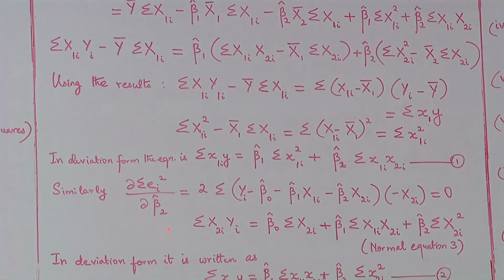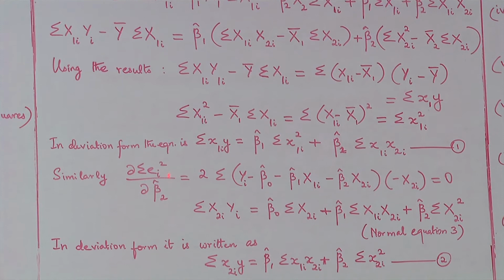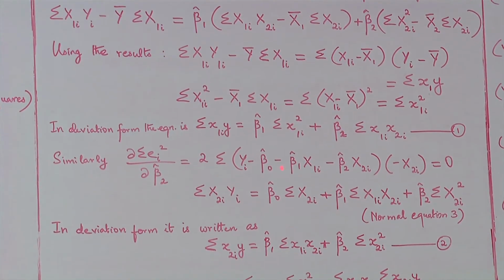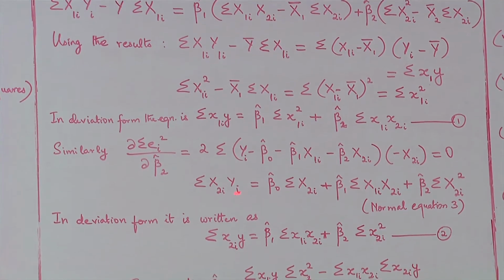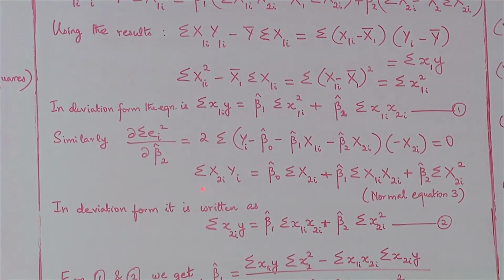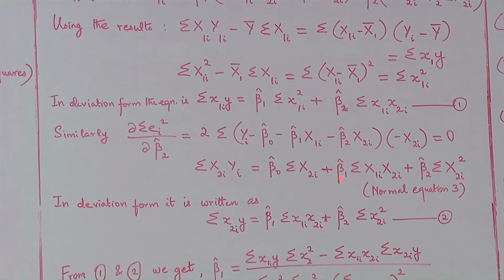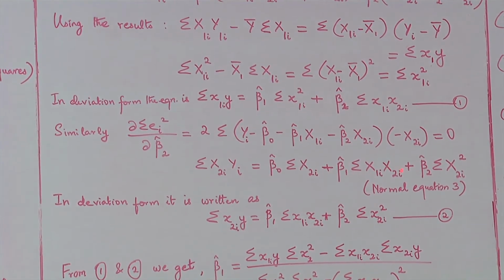Similarly, we minimize sigma ei square with respect to beta 2 hat and derive it. On derivation, the same alike result arrives. So, we have sigma x2i yi is equal to beta naught hat sigma x2i plus beta 1 hat sigma x1i x2i plus beta 2 hat sigma x2i square, and this is our third normal equation.